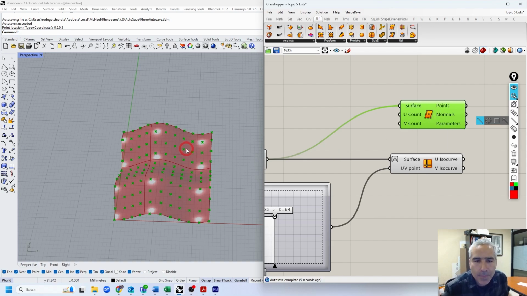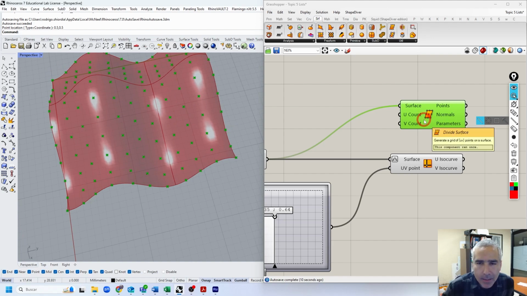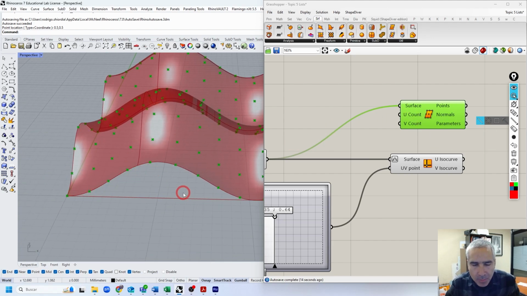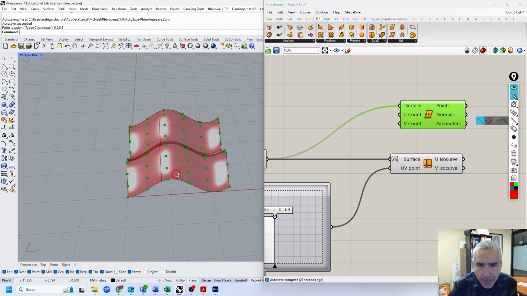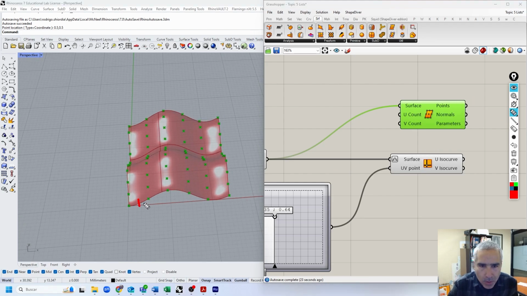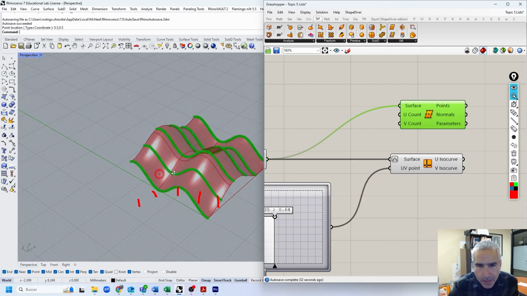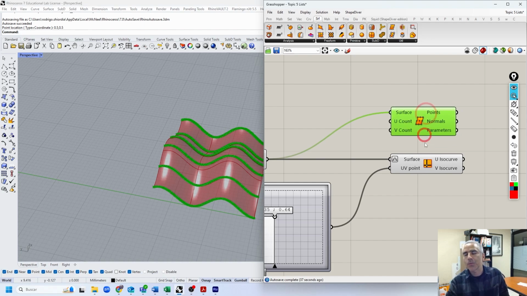You can divide a surface in segments, but you need to provide division numbers for both the u and v directions. For example, this will be 5, and you can see that you have 1, 2, 3, 4, 5 divisions, and you can have, I don't know, let's say 100 divisions on the other side. So you can change that as well.